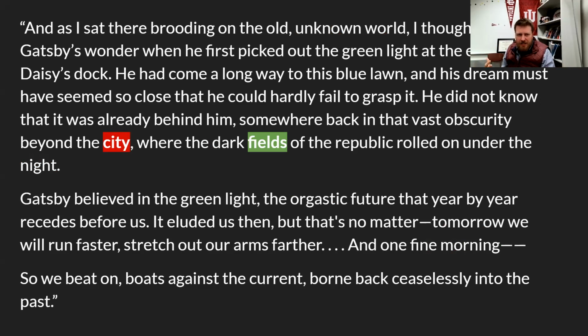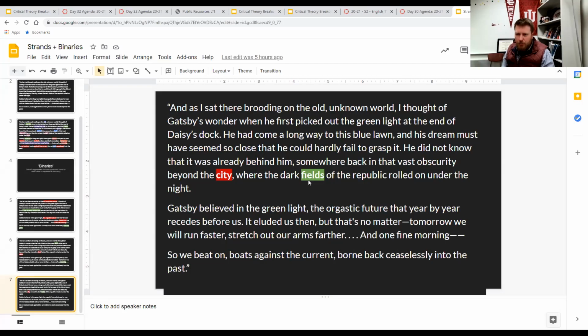So all of this, by the way, is from just this one passage, but it's worth noting that you may not find this many in your passage. You want to try to find a passage where the author or the book really seems to be talking about a particular topic. And one way to do that is to do some of this work with strands or binaries.